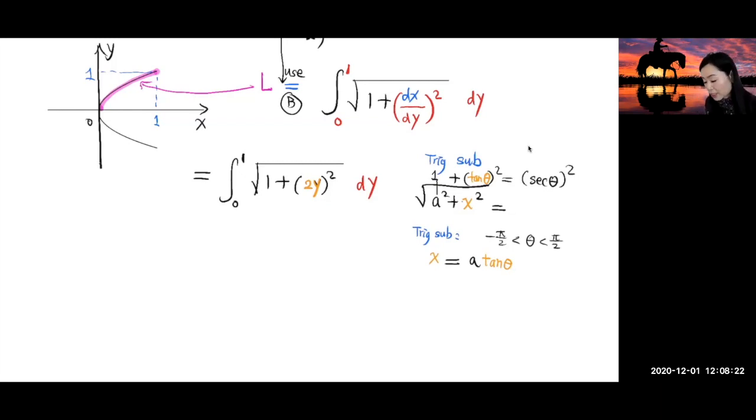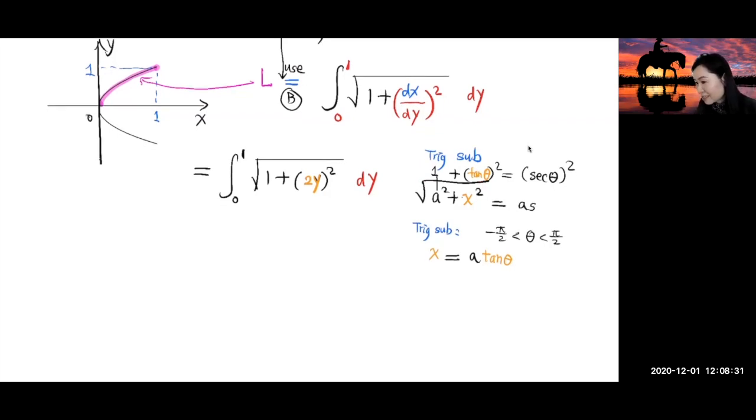When you do this trig sub, this square root becomes a secant theta, which matches this. Okay, now go back to this one over here.